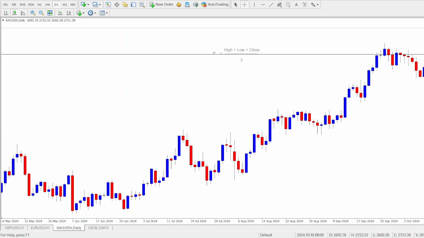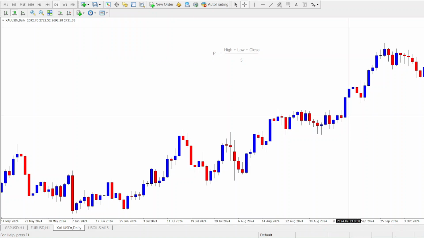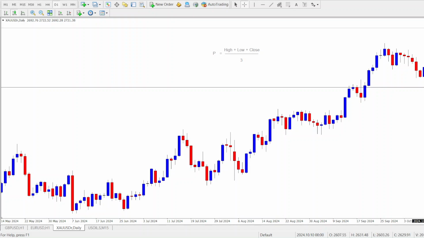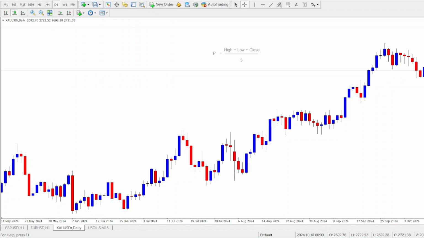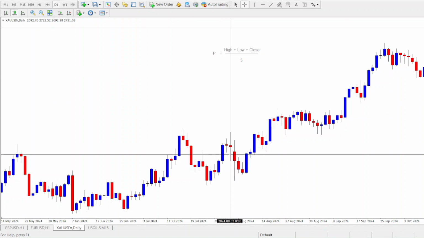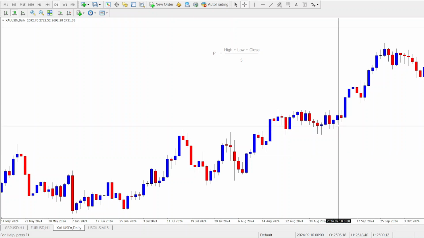Then our low is 26.92, and our close is 27.21. Now remember, we are finding the average, so the sum is going to be divided by 3.